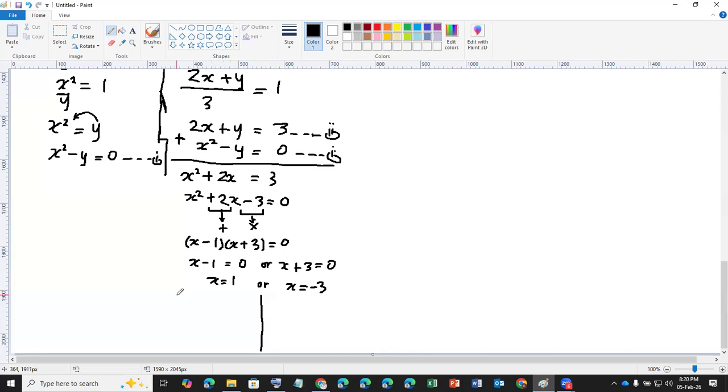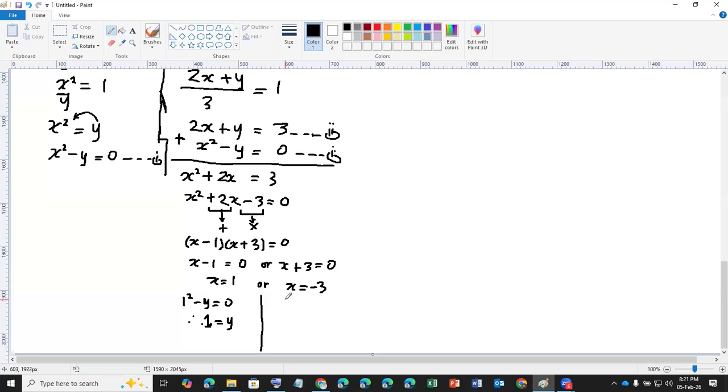Equation 1 says x squared minus y equals 0. So 1 squared minus y equals 0. We take y to the other side, so 1 squared, which is 1, is equal to y. So this one has solved itself. y is equal to 1.